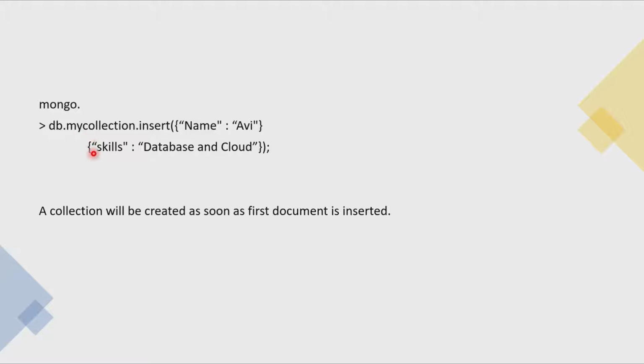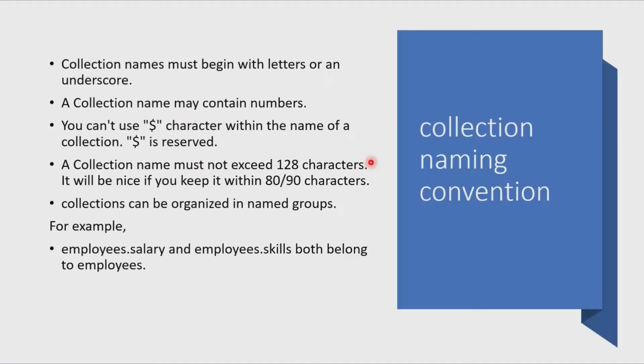Multiple documents will each start with curly brackets. Then everything has to be closed with the round bracket and semicolon. When you say db.collectionName.insert, if there is no collection already existing, it is going to create a new collection.